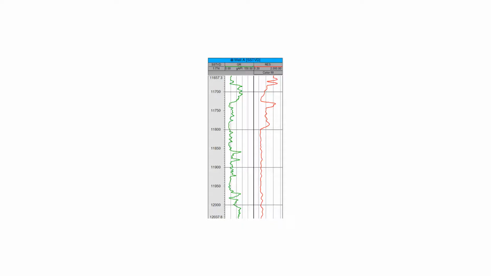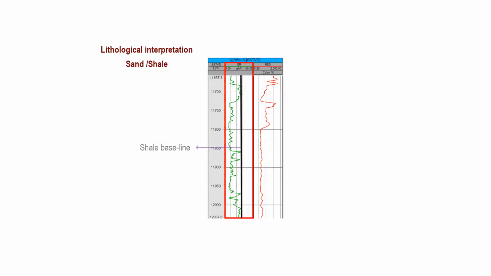If you have this type of well log curves, the first step in well log analysis is to carry out lithological interpretation. That is, to differentiate sand from shale. This will help us to locate the permeable zones, and the permeable zone logs are generally presented in track 1. So, on this track, we have the gamma ray log with a baseline on the right hand side, and this is called the shale baseline.